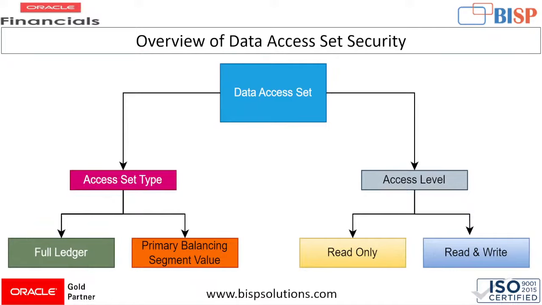And the level, what type of access you want to give, whether read and write or read only, depends upon the requirement of the client, right? So that is what you can define in the application. So let us navigate to the application and see how the data access set is created.